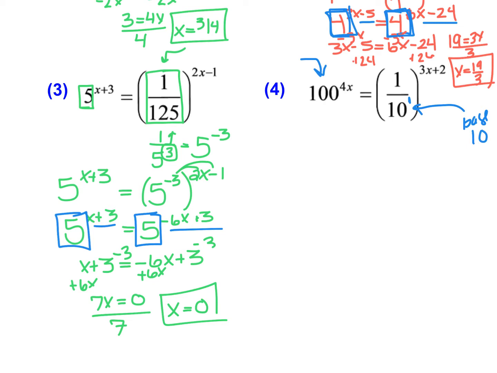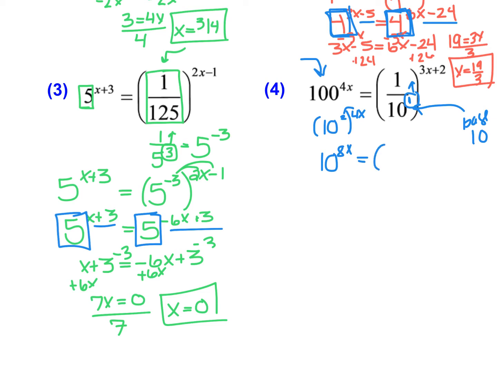I'm going to rewrite the 100 to be 10 squared, which I can then rewrite, this 2 times 4x, is 10 to the power of 8x. Now this I want to be up in the numerator, so it can be corresponding with that base of 10 on the left-hand side.